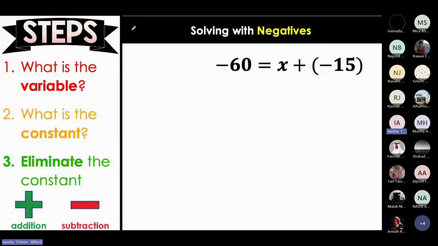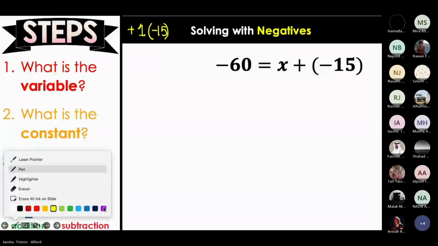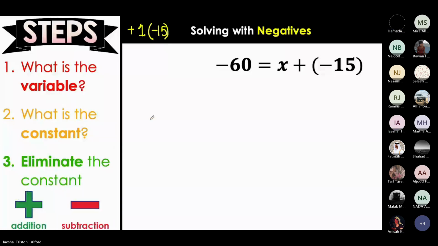It's positive 1x, positive 1, and multiply it with negative 15. So when we multiply a positive by a negative, what answer do we get? Negative. So make it subtract.